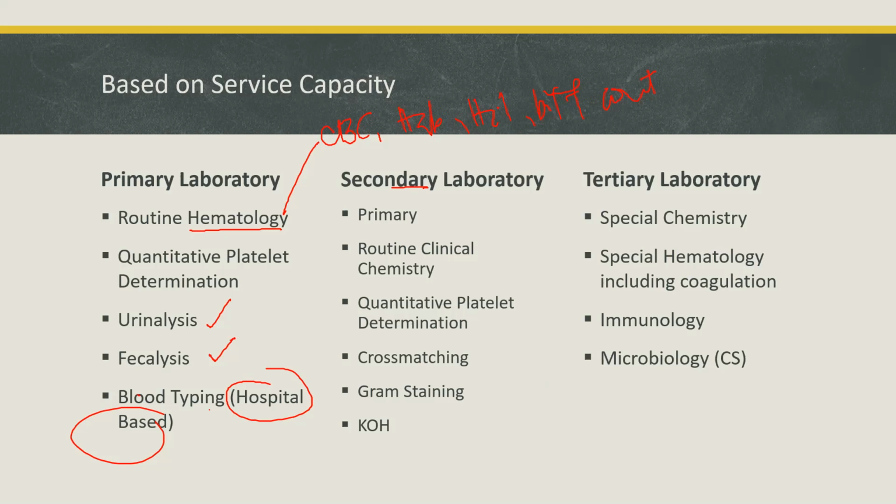Routine clinical chemistry procedures includes the FBG or FBS. It means that the fasting blood sugar or the fasting blood glucose. Tulad nga natin, FBG or FBS, BUN or blood urea nitrogen, BUA or blood uric acid, creatinine, and total cholesterol.